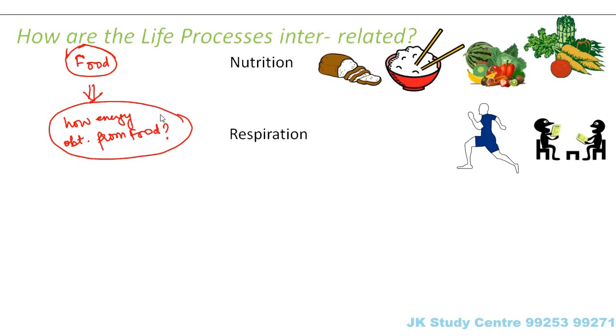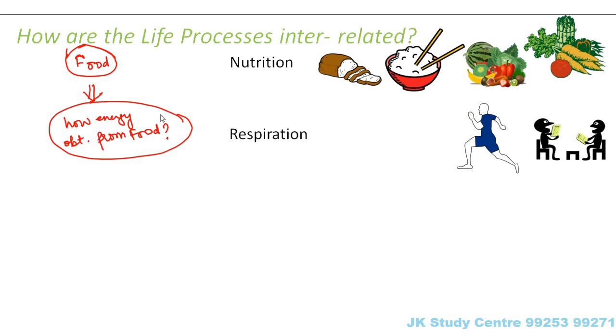right? So in respiration, what actually happens is that in presence of oxygen, the food which we had taken is broken down into simpler substances and a lot of energy is released. So this energy is utilized for various activities. That's because in most of the complex organisms, when the organisms take food in complex forms, for example fruits, vegetables, bread, rice, all these are complex food, right?